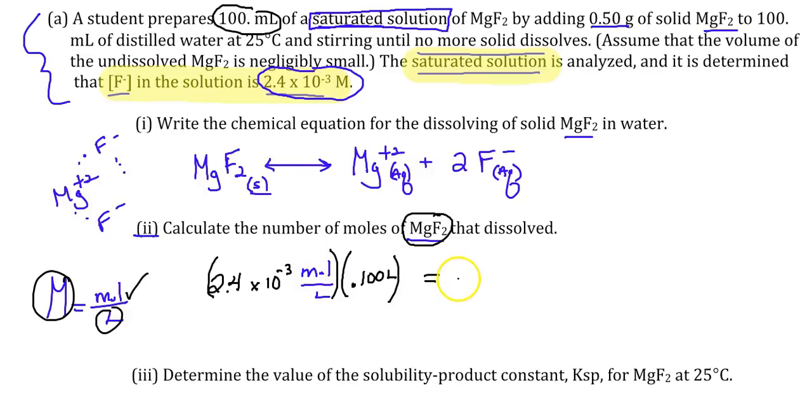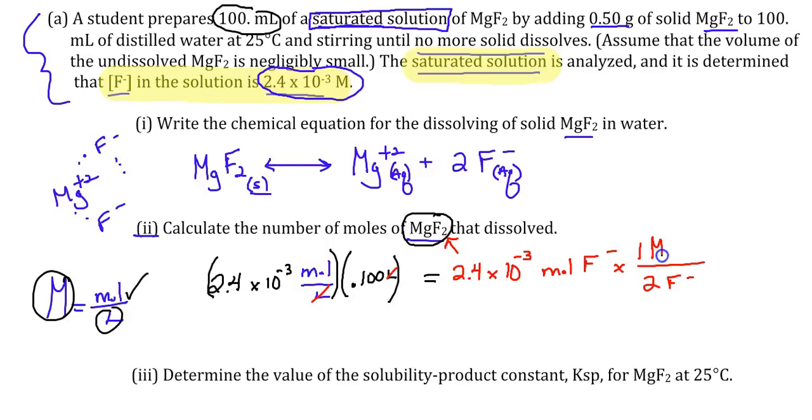And what you get, of course, is 2.4 times 10 to the negative 4, and that is the moles. Now, moles of what? That's actually the moles of the fluoride ion. That's not this. And what do we know? Look at that little subscript: 2 fluoride ions per one what?